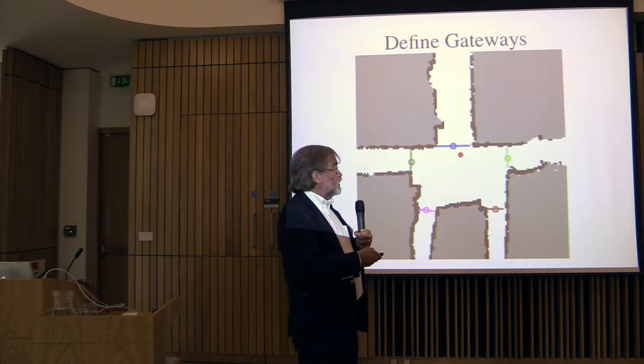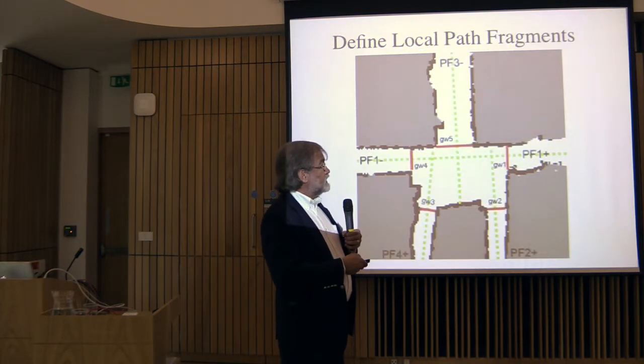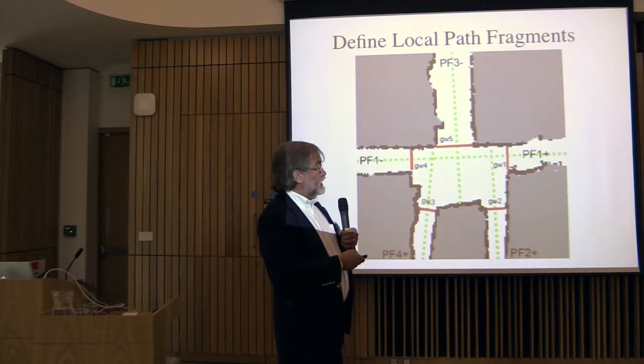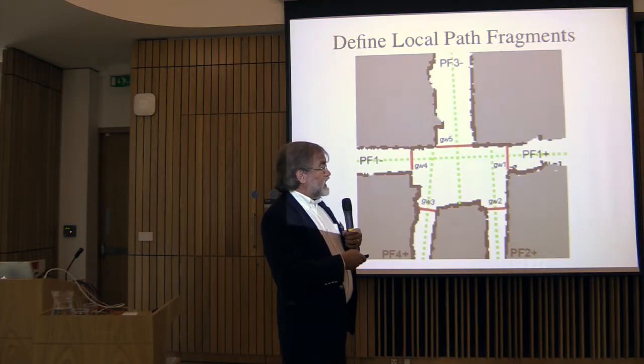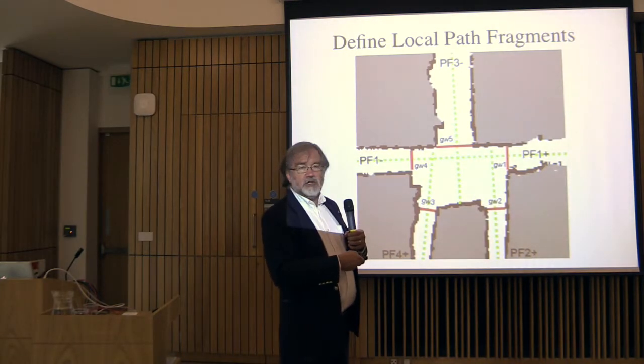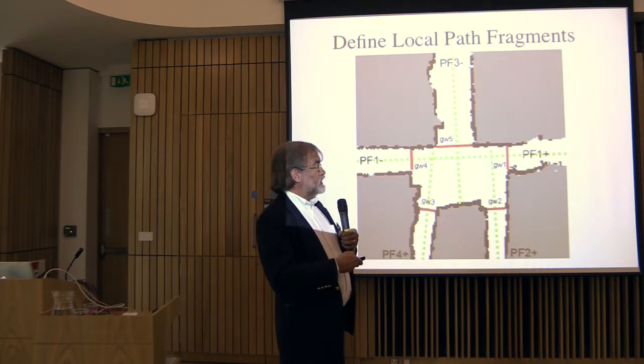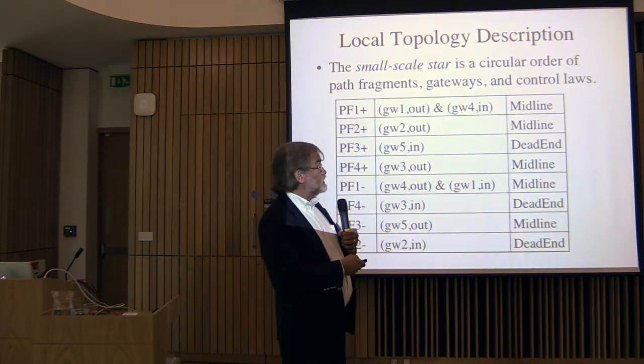At that point, we can focus on the gateways, and when two gateways are well aligned with each other, each gateway is going to be associated with path fragments, incoming and outgoing, and when two gateways are aligned, this one has a unique continuation and the other one has a unique continuation, then we identify them with each other as being part of the same graph, as being part of the same edge.